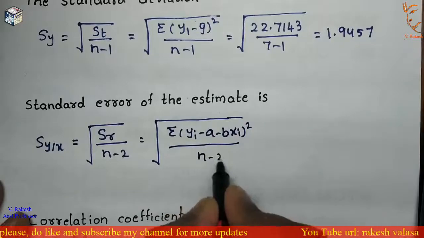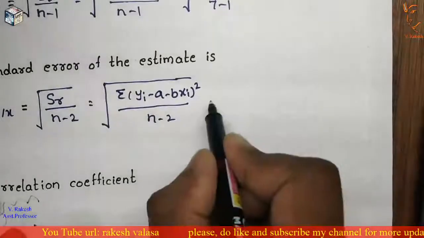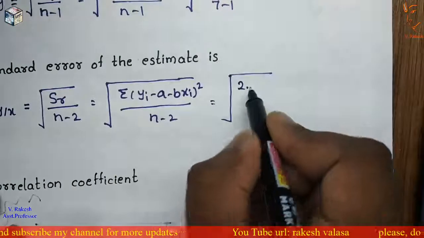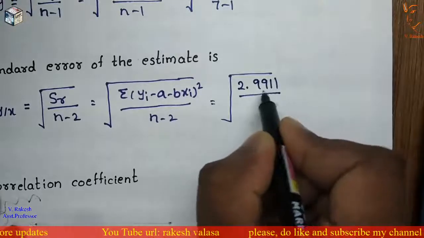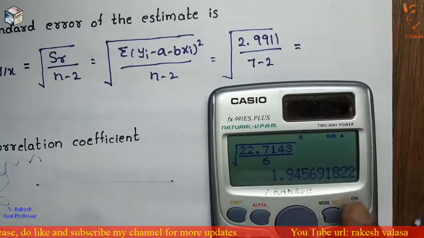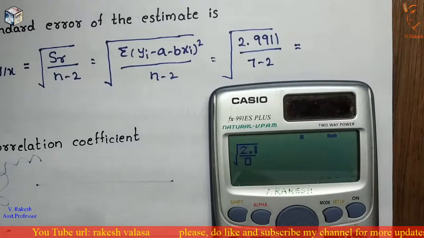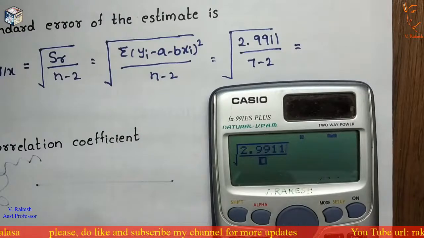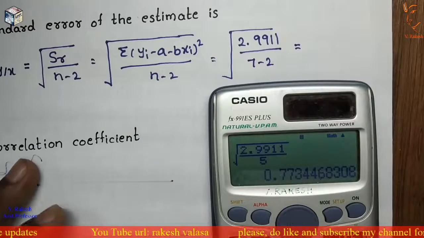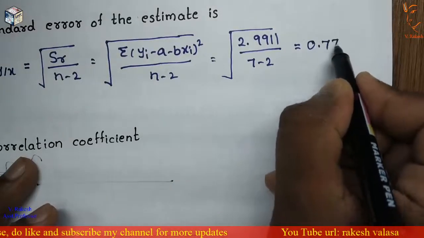Sr value is 2.9911, so under root 2.9911 by 7 minus 2, 5, equal to 0.7735.